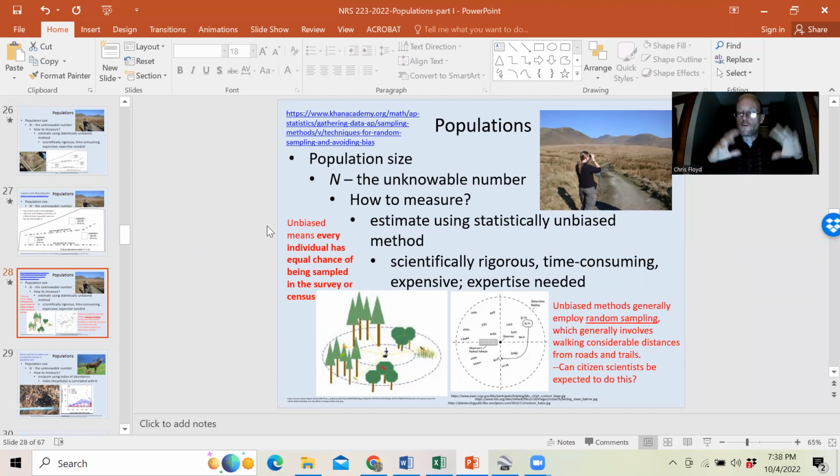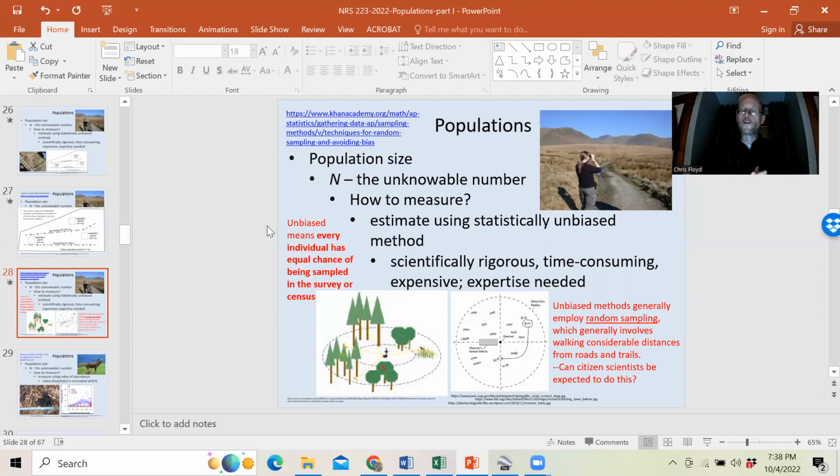Now, given your methods of sampling, quadrats, line transects, helicopter surveys where you fly over them, satellite imagery, whatever it is, here's the question. Before you go out to do the sampling, does any individual in the population have an equal chance of getting sampled? You're not going to sample them all. You're not going to see them all. But does every individual, no matter where they are, have an equal chance of being sampled?